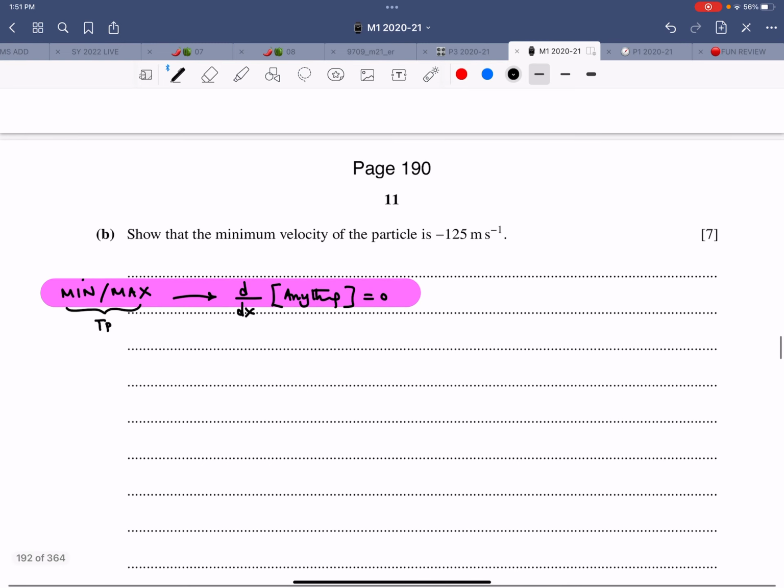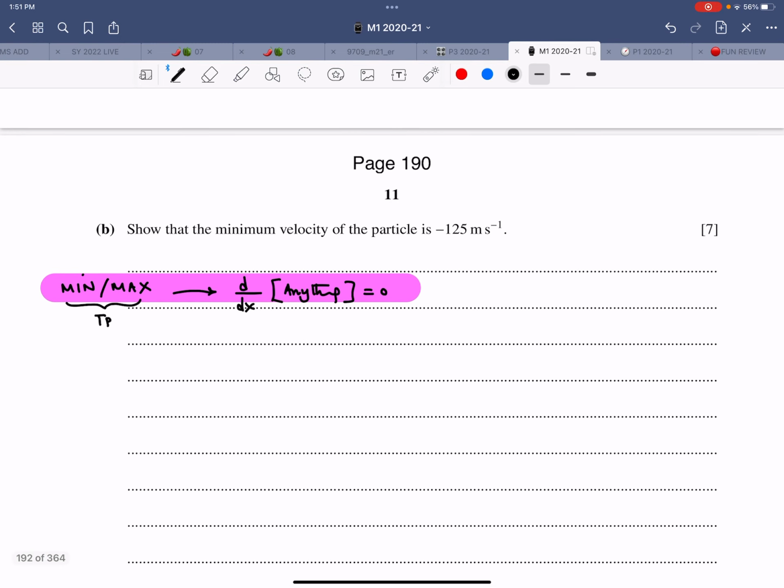What does it mean? If I ask you about minimum or maximum displacement, that means the derivative of displacement, which is velocity, equals 0. If I talk about minimum or maximum velocity, then the derivative of velocity should be equal to 0.